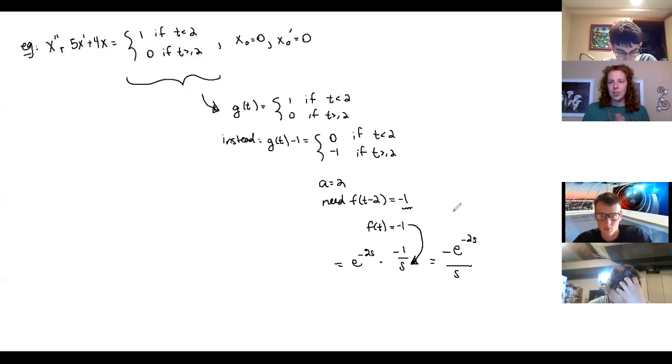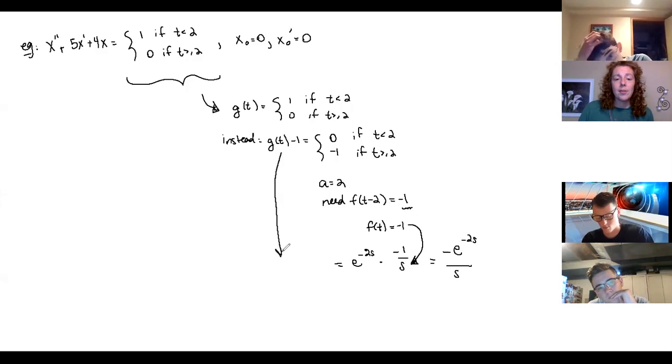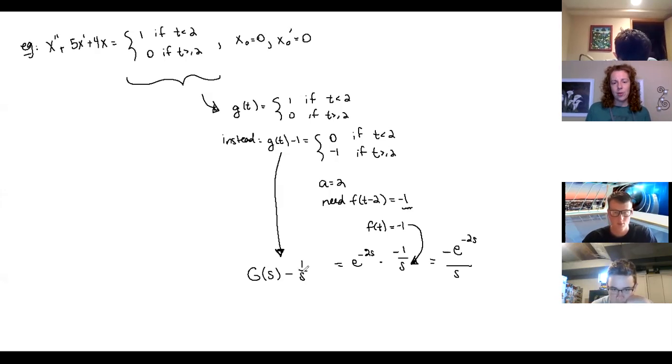Negative e to the negative 2s over s. But that wasn't what I was originally looking to find. So what I found, if you look at our revamped left-hand side, was capital G of s minus 1 over s, right? We had g of t minus 1. So the transform of that is capital G of s minus 1 over s, since I had to subtract.